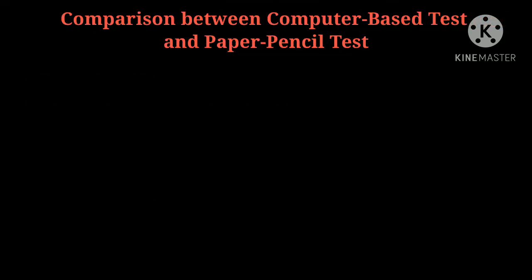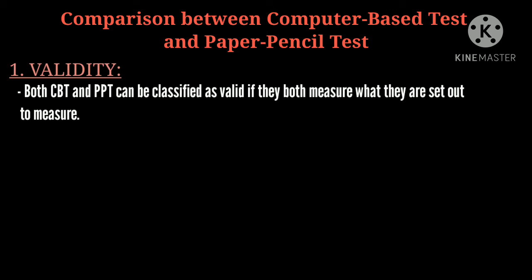So here's the comparison between computer-based tests and paper pencil tests. First is validity. Both computer-based tests and paper pencil tests can be classified as valid if they measure what they set out to measure. For example, in an aptitude test for a job, both CBT and PPT can be used to measure a test taker's potential for learning and ability to perform in a new job or situation.